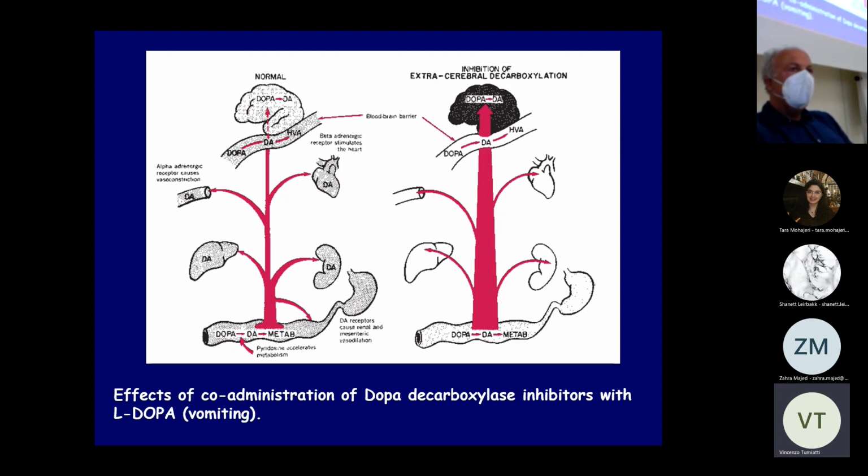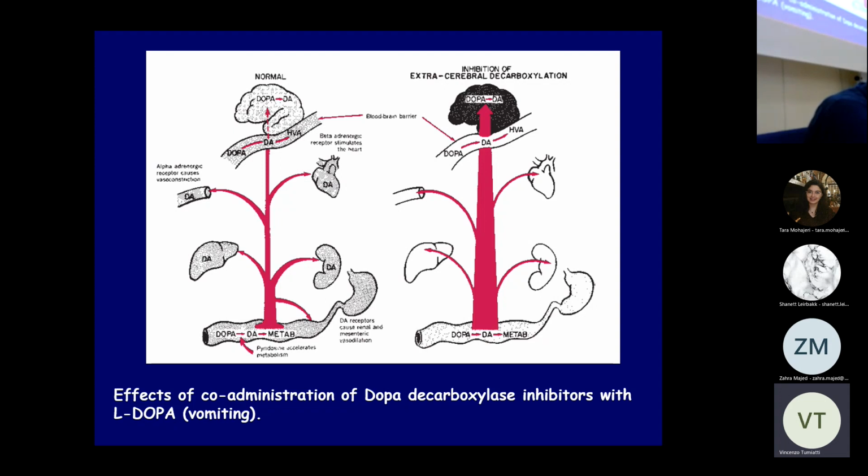Second, are related to the effect of dopamine on adrenergic receptors. For example, the alpha-adrenergic receptor causes vasoconstriction, you see, or the beta-adrenergic receptor directed on the heart can stimulate the heart frequency. So the problem is, we can administer L-DOPA, yes. L-DOPA is inside our body, yes.